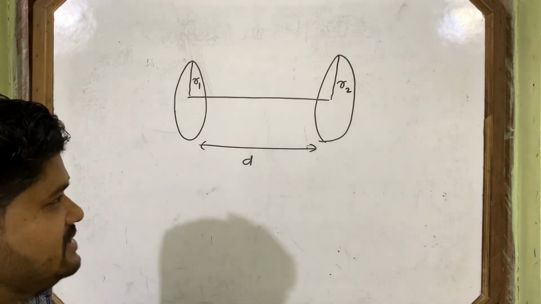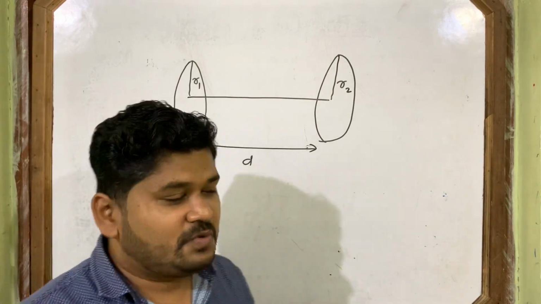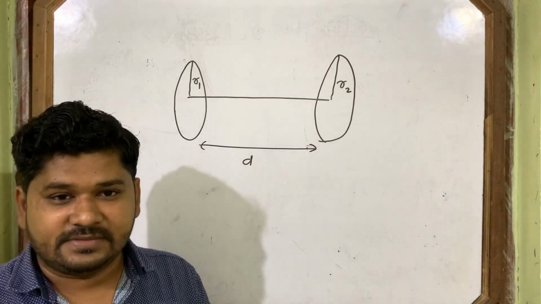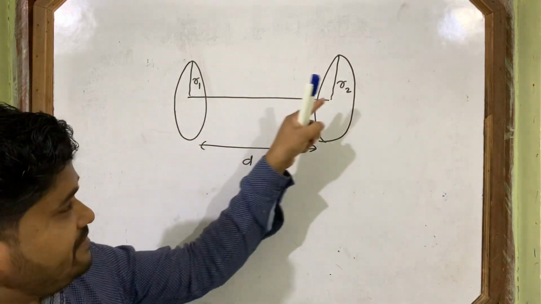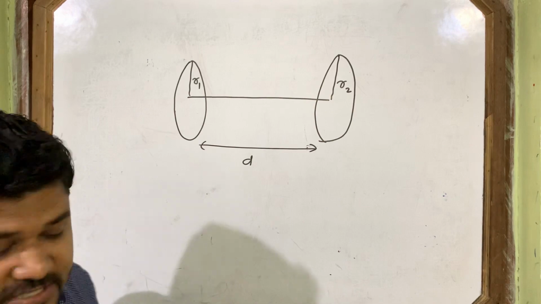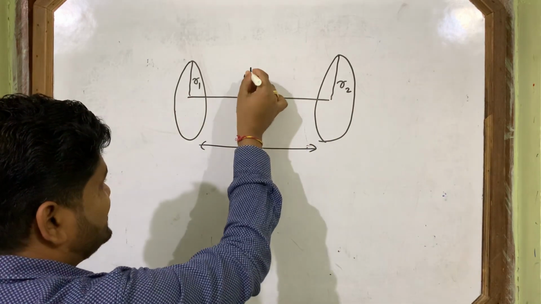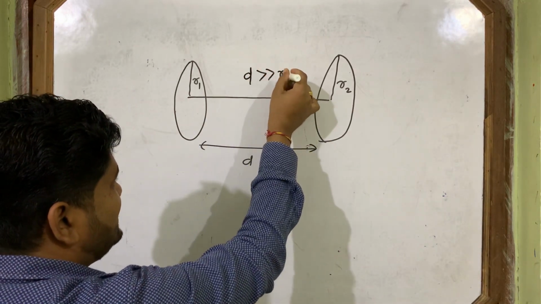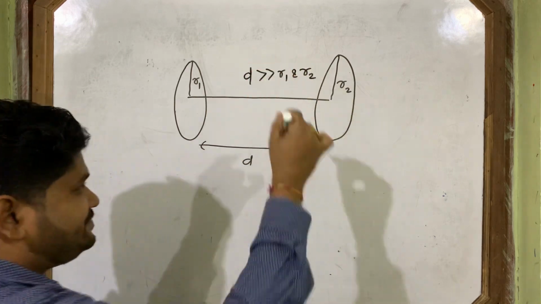Find the mutual inductance between them. These are on the same axis but separated by distance d, and the condition is that d is very much greater than R1 and R2.